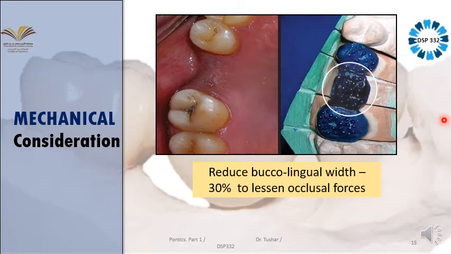Why? Because whatever functional needs are there, whatever occlusal forces are needed, will be provided by that 70% occlusal table, right? And as it is less surface area, the masticatory forces acting on this pontic are automatically reduced by 30%.